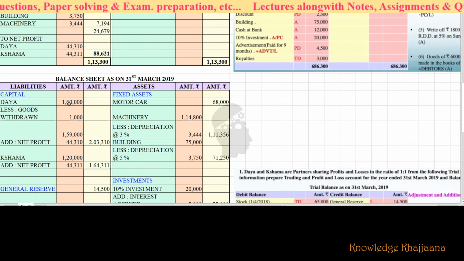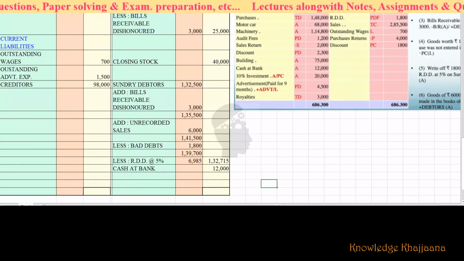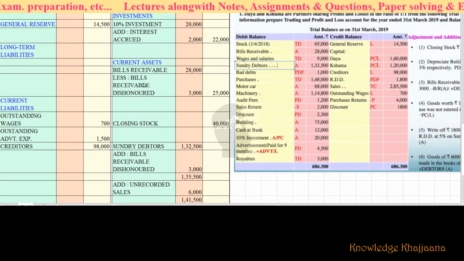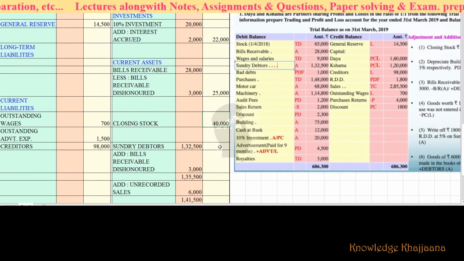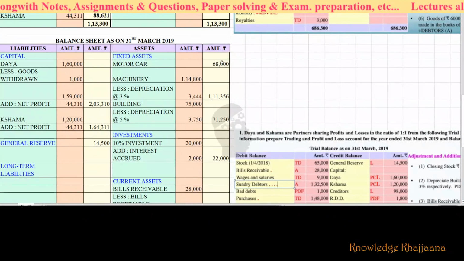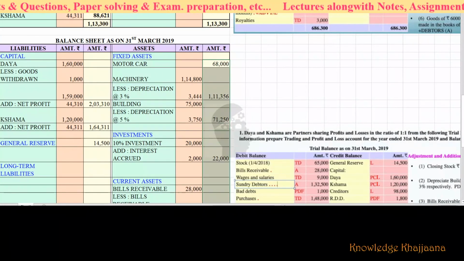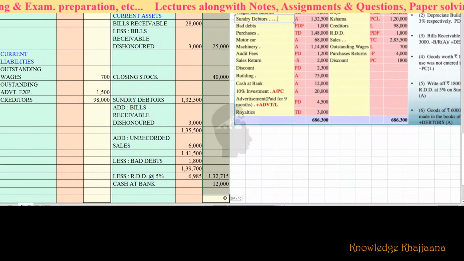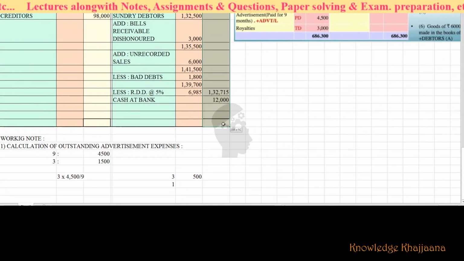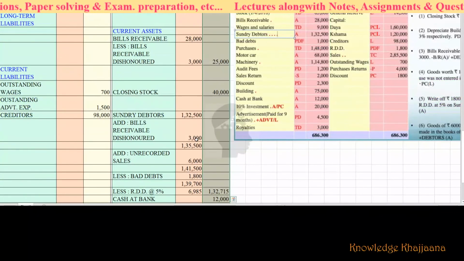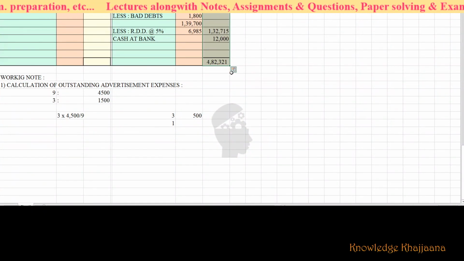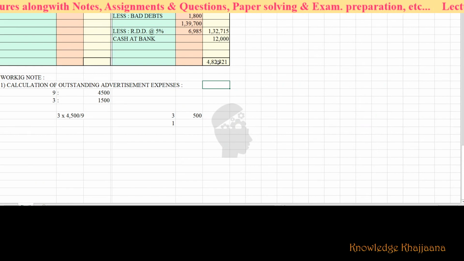Let's see whether we have properly taken all the entries to the outer side. Yes, closing stock we have taken to the outer side. Now let's do the total of this. It is 4,82,321.